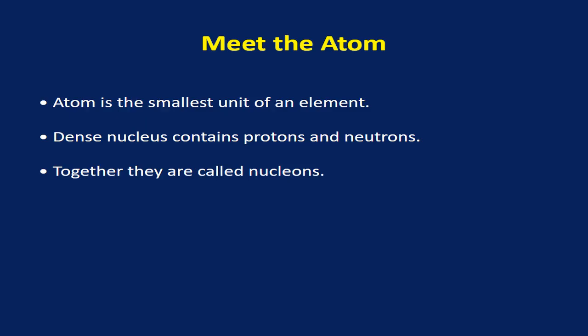Every atom has a very crowded, heavy center called the nucleus. Inside this nucleus are two main residents: protons, which carry a positive charge, and neutrons, which are neutral. Together, we call them nucleons.